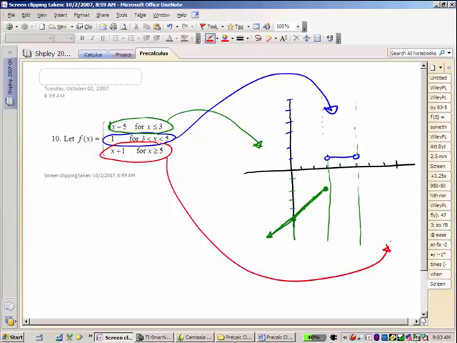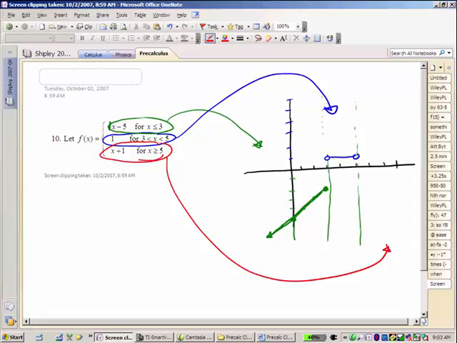Tali, what's my rule for my red zone? X plus 1, all right? When it's greater than or equal to 5, right? So x plus 1, now this is hard. X plus 1 has a y-intercept of 1, and it goes up 1 over 1, up 1 over 1. So when x is equal to 5, what's the function equal to?